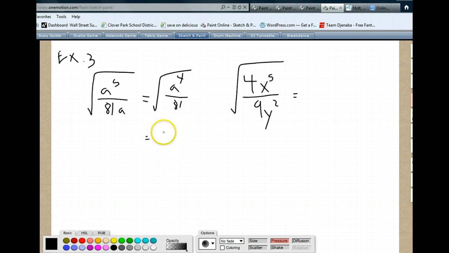Everybody gets a radical symbol, so square root a to the 4th all over square root 81.